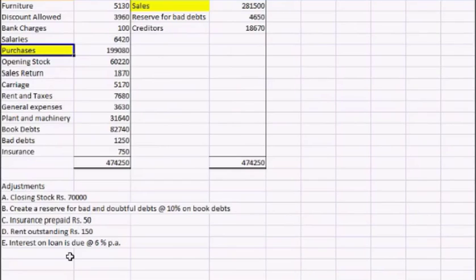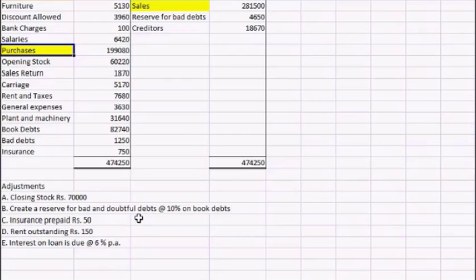Now let us come to the second adjustment. This is to create a reserve for bad debts and doubtful debts. So let us first understand the impact of the creation of a reserve for bad debts or doubtful debts.